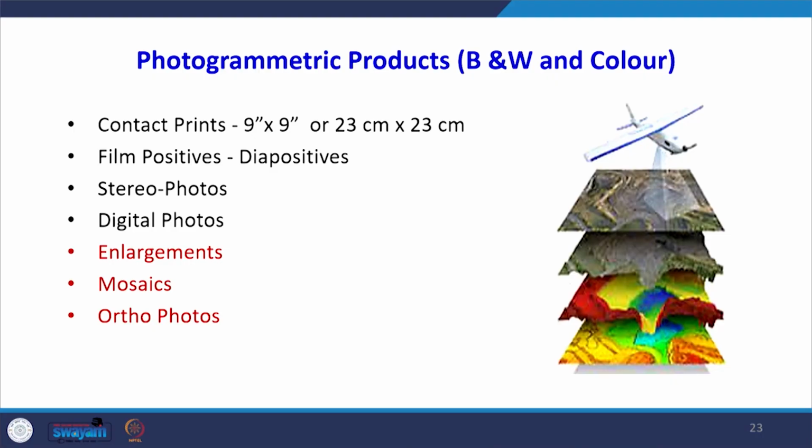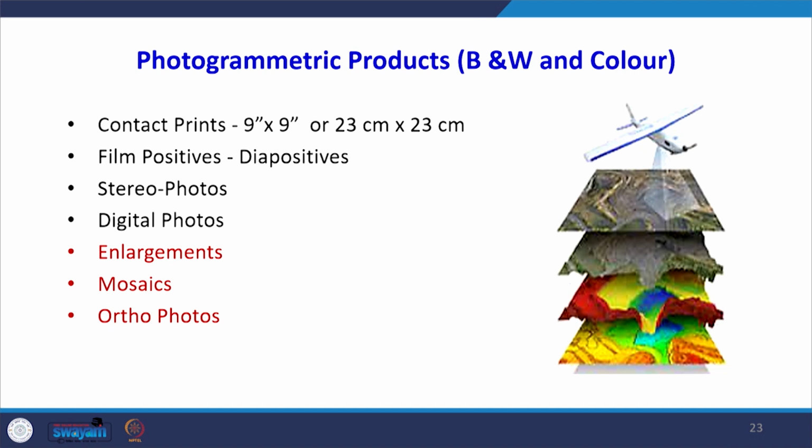If we look at what kind of products we are getting from digital photogrammetry, a large number of products, and we can also derive secondary products from the primary products. But earlier we were getting contact prints.